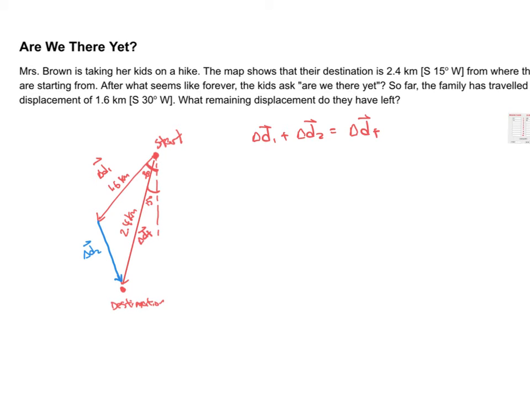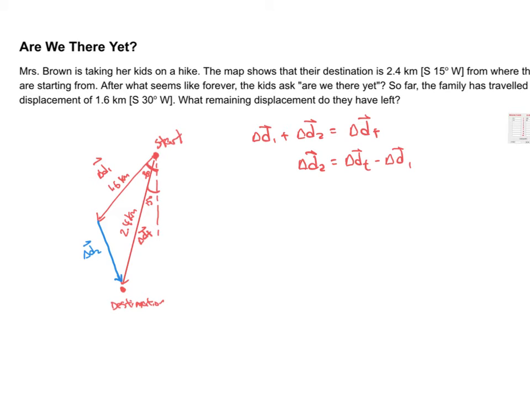Then what I'm looking for is the blue line, which is the second displacement. And that can be accomplished by subtracting the total displacement minus displacement 1. So this is really a vector subtraction.